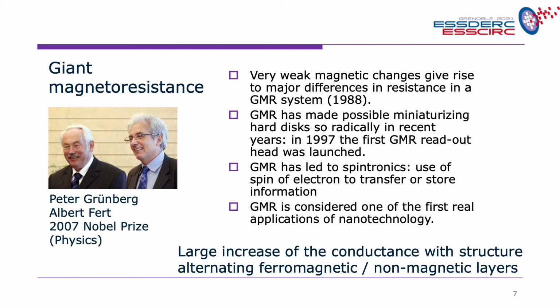A very weak magnetic change gives rise to major differences in resistance in a GMR system. And GMR has made it possible to miniaturize hard disks so radically in recent years.